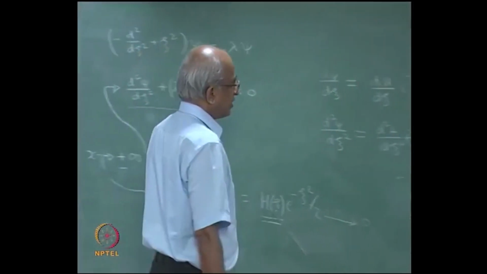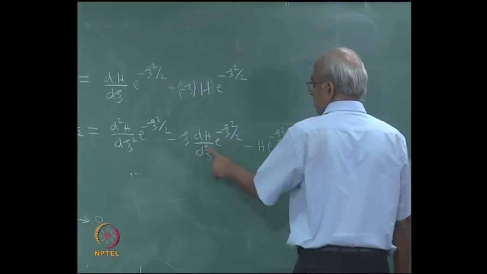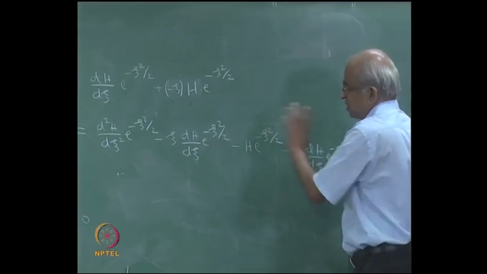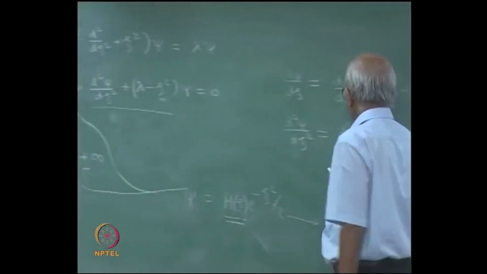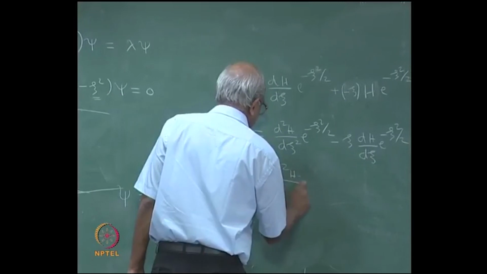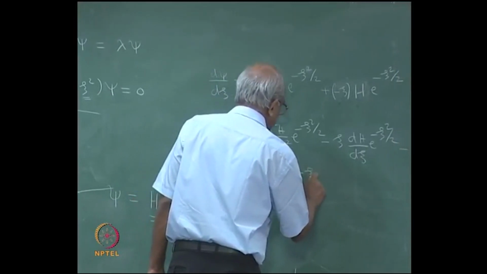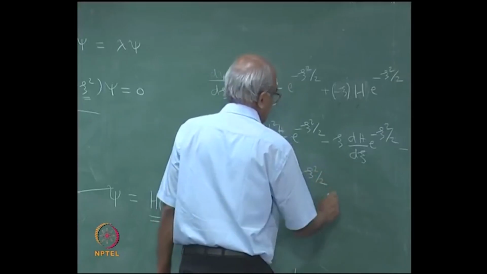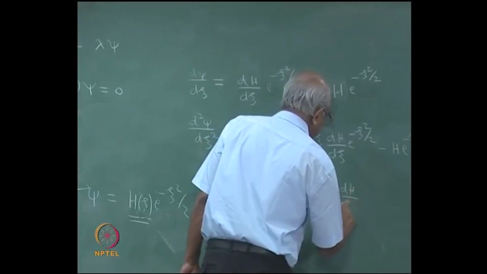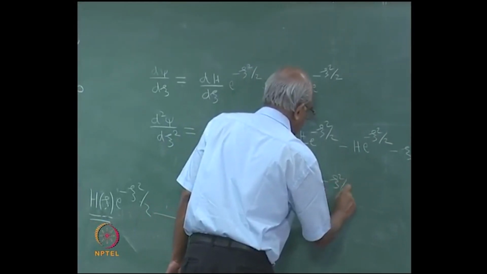In fact, if you look at this expression, you will notice that the second and the fourth terms are the same. So, they may be added up. So, you can say this is actually d square h by dc square e to the power of minus c square by 2 minus 2c dh by dc e to the power of minus c square by 2.